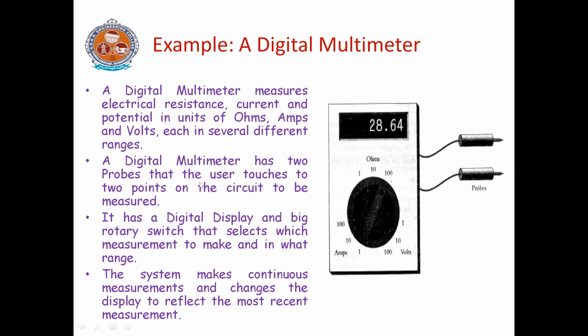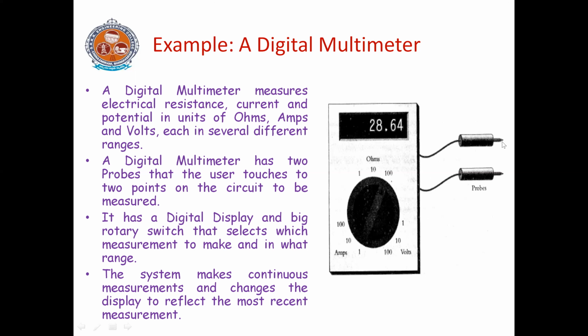The digital multimeter has two probes that the user touches to two points on the circuit to be measured. These are the two probes. Wherever on the circuit you want to measure, you have to touch these two probes at those two points.